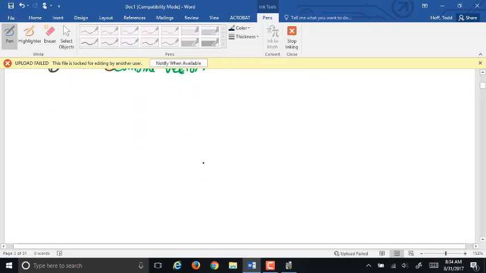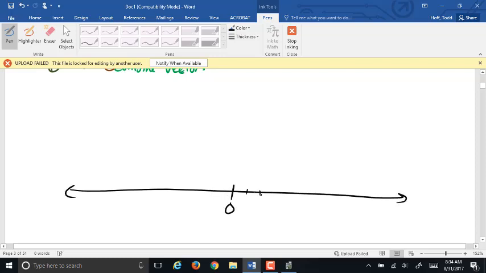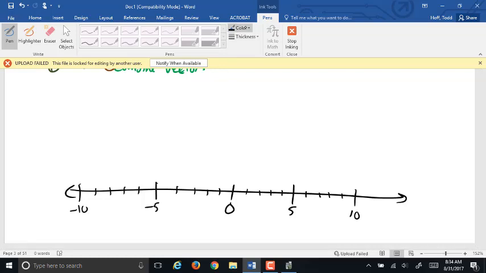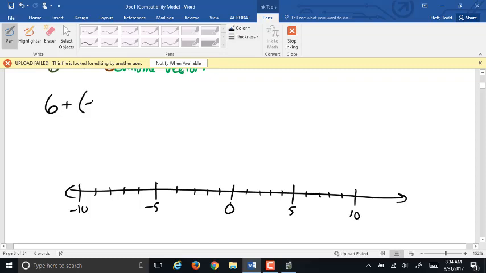I'm going to draw a new number line down here. So if I have a problem like 6 plus a negative 3 now.